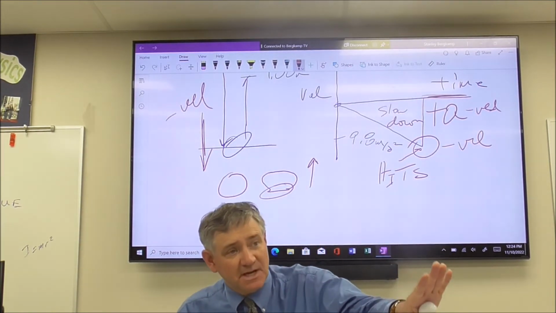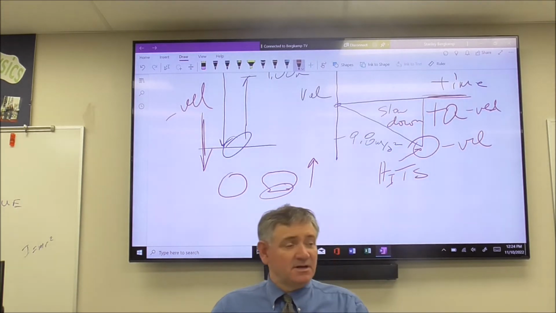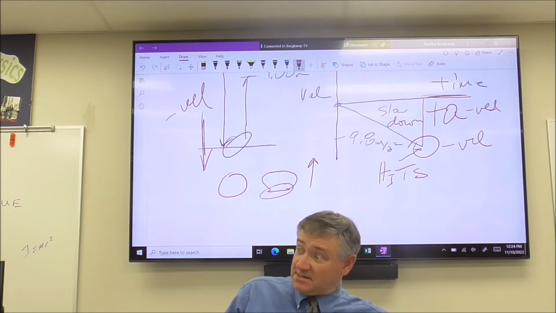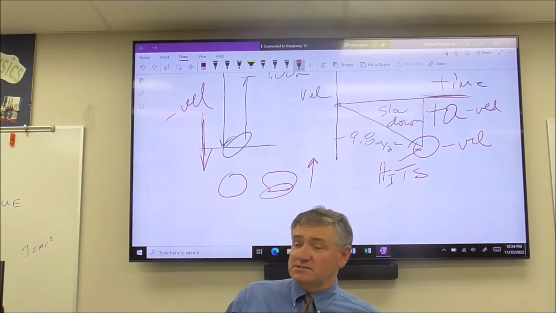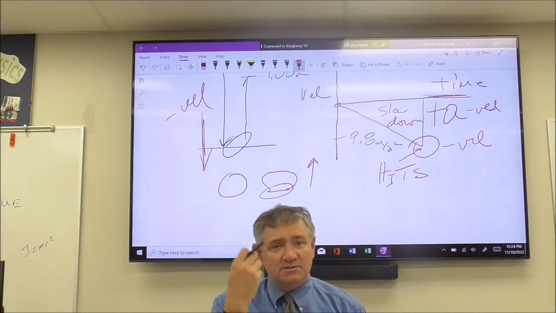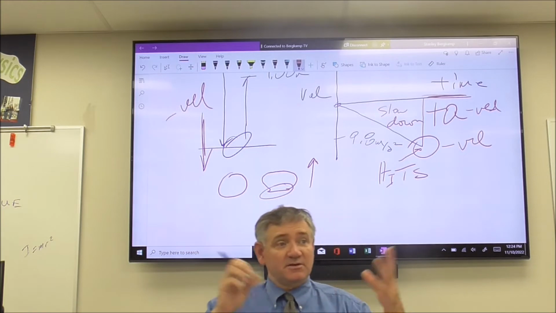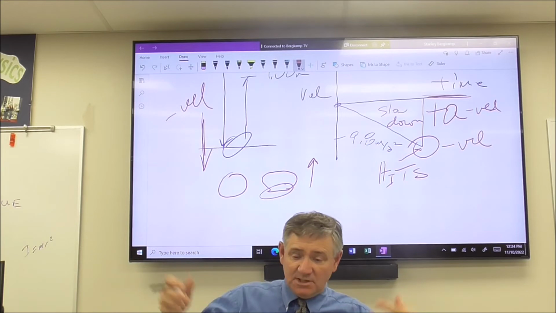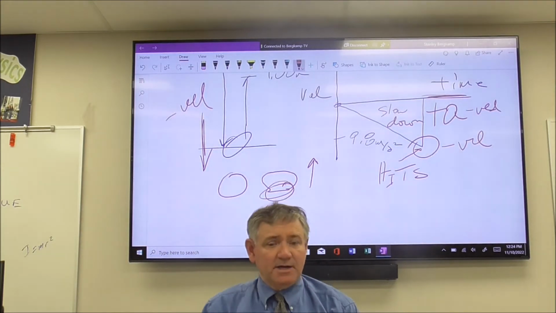Y'all have done a similar situation. Remember back when we started, we were doing velocity and acceleration. Y'all pushed the cart into the wall and the spring hit, and then it bounced back. It's the same idea of what's happening here. Instead of using a spring, we're using the molecules that make up the golf ball that don't like to be compressed, so they push back against this. So you store energy here and then it pushes back up.